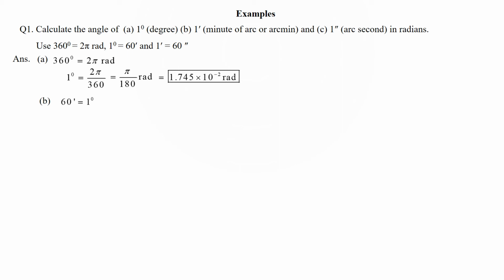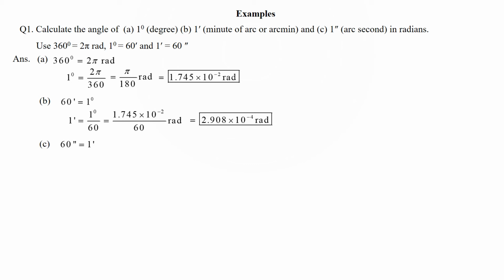Now we know that 60 arc minute is equal to 1 degree. So 1 arc minute is equal to 1 by 60 degree, that is 1.745 into 10 to the power of minus 2 divided by 60 radians, which is 2.908 into 10 to the power of minus 4 radians.